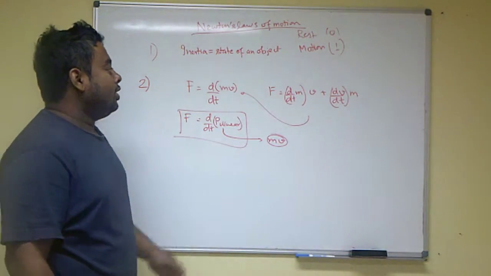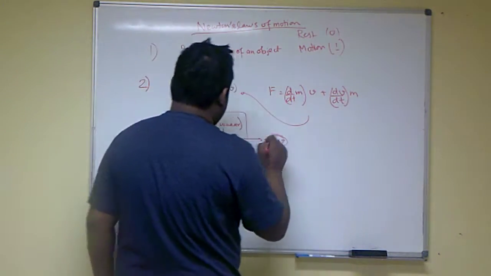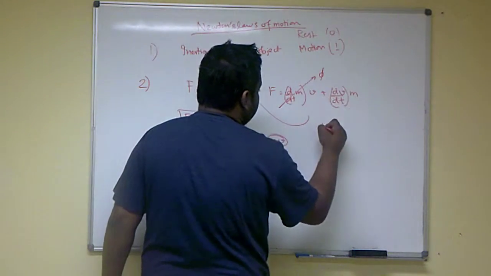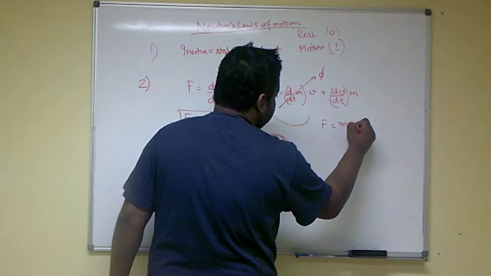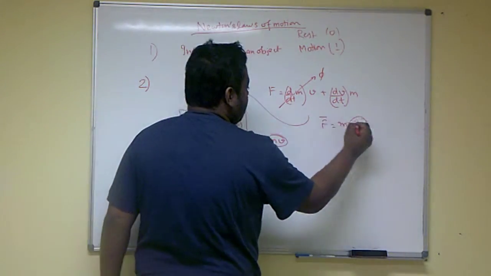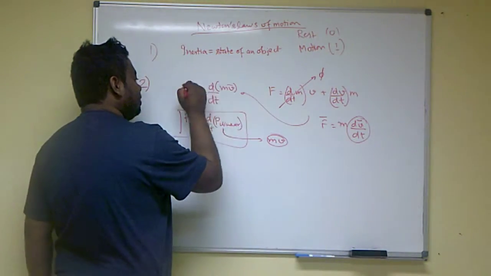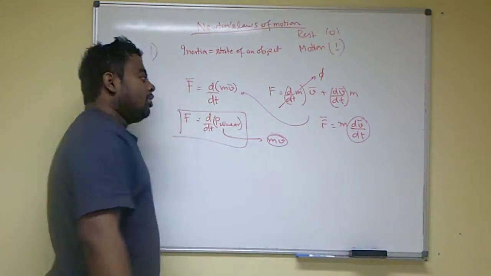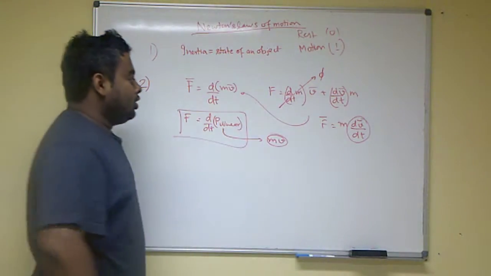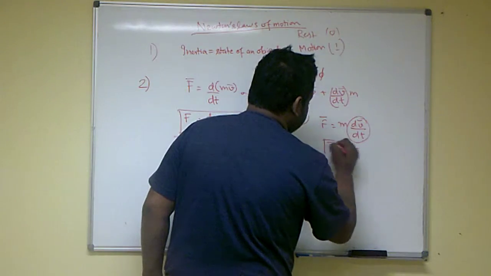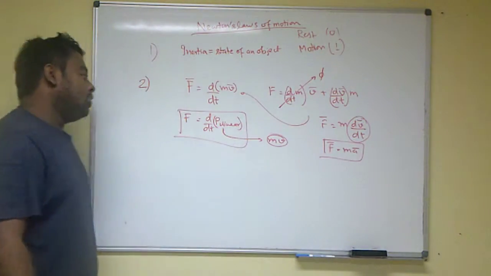So it can be written as m times dv over dt. From kinematics, we know that these are vectorial quantities, and the rate of change of velocity is acceleration. So the force will become mass times acceleration.